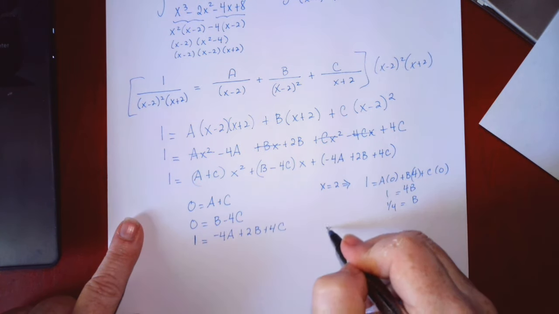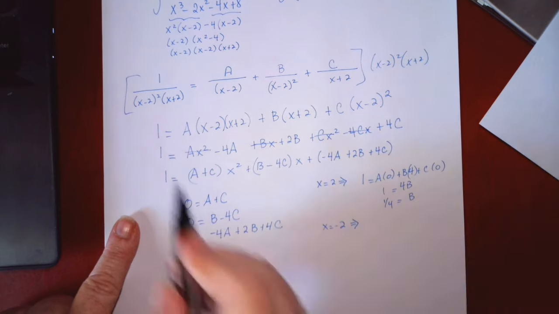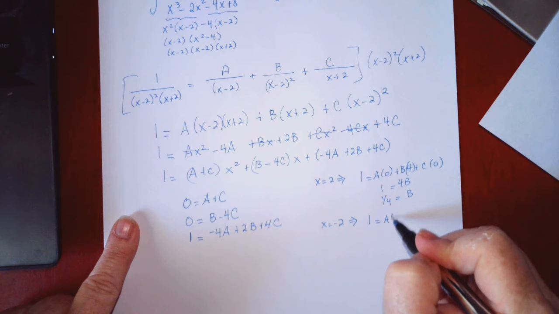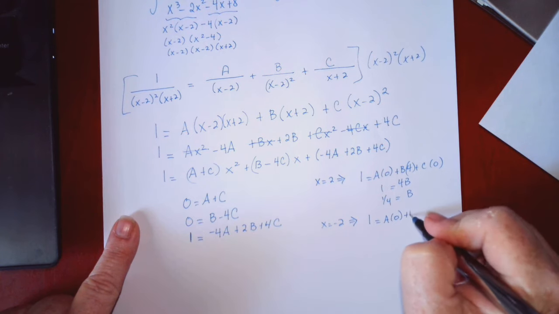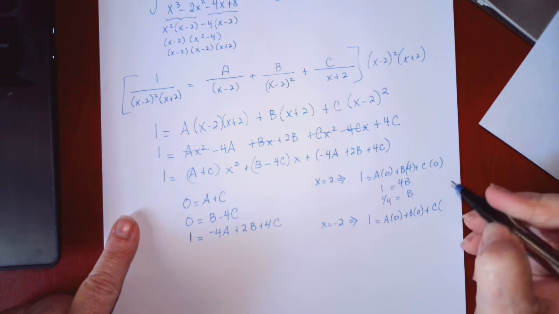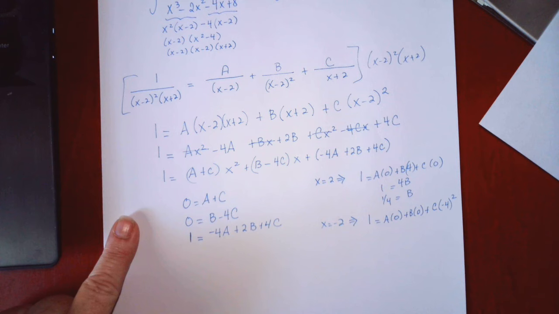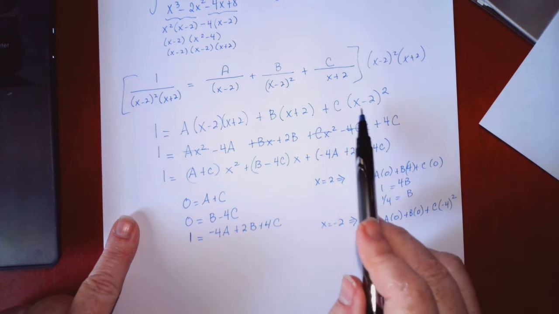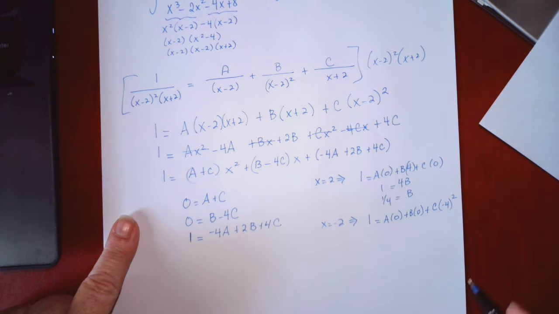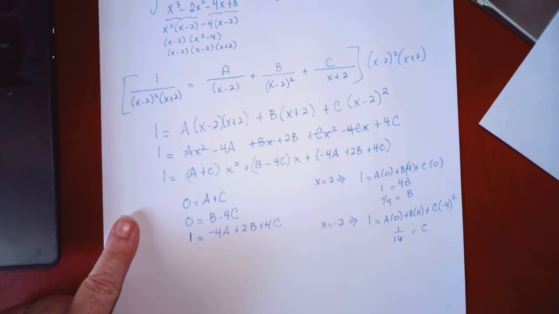If I let x equal negative 2, this equation would become 1 is equal to a times 0 plus b times 0 plus c times negative 4 squared. Because if x is negative 2, this becomes a negative 4 and square it. So that would give me c is 1/16.